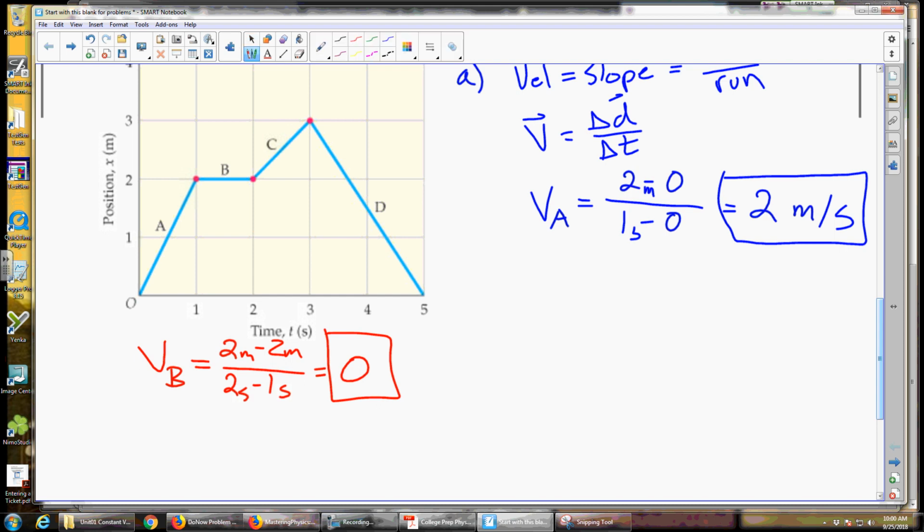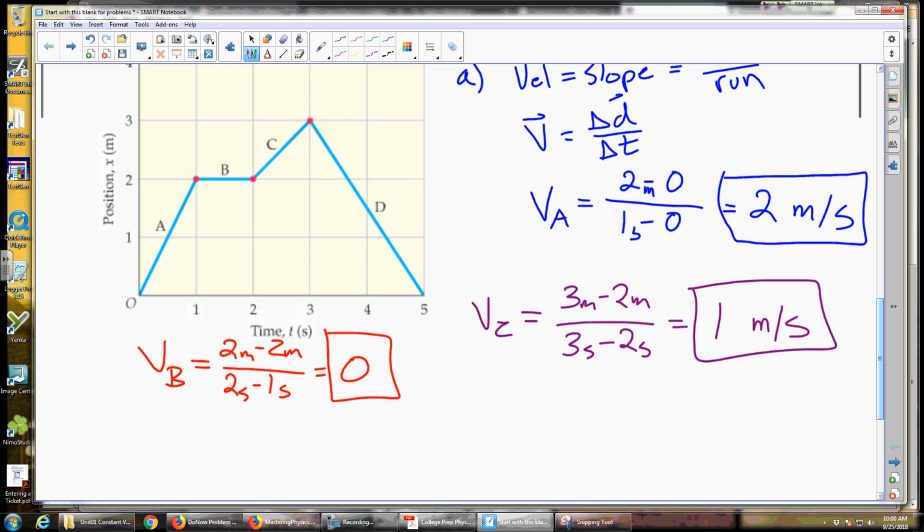For C, I end up at 3 meters. I start at 2 meters. And I end up at 3 seconds. I start at 2 seconds, which gives me 1 meter per second.